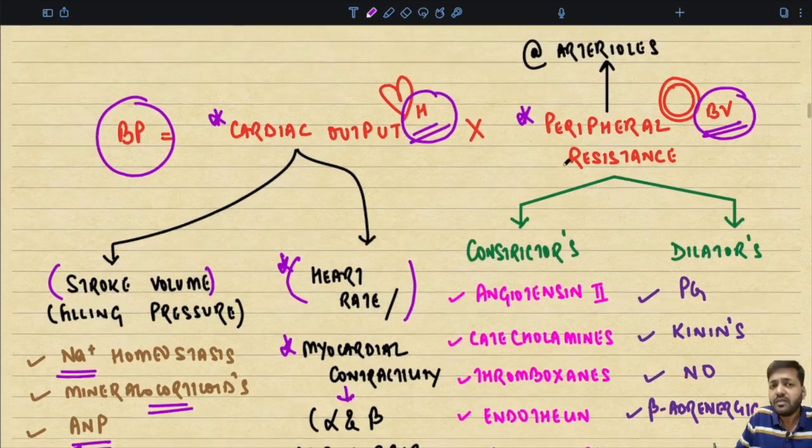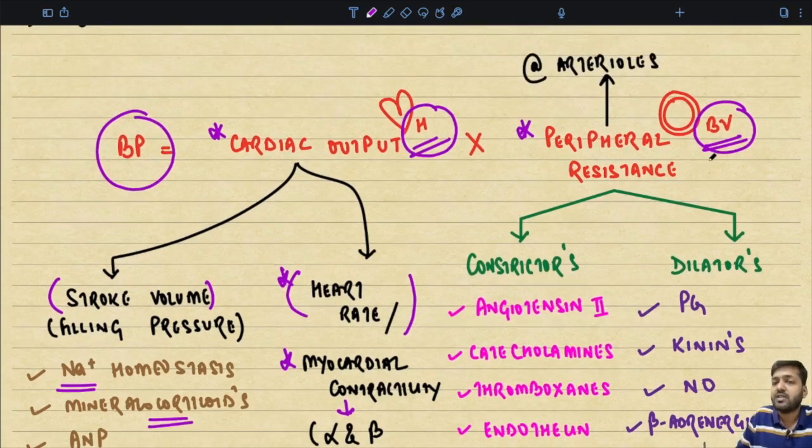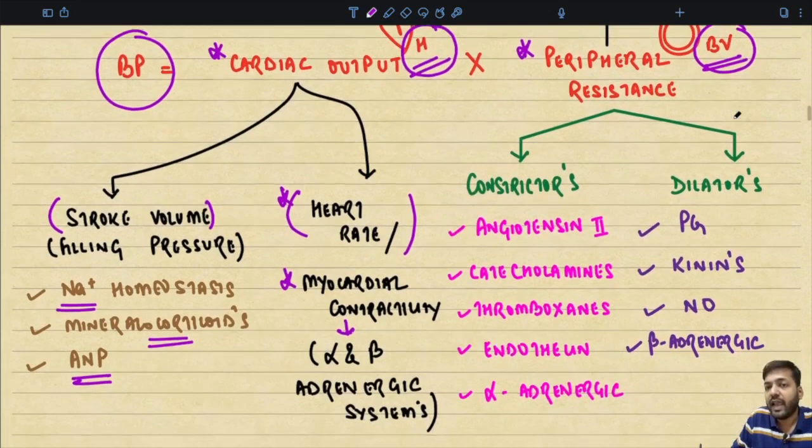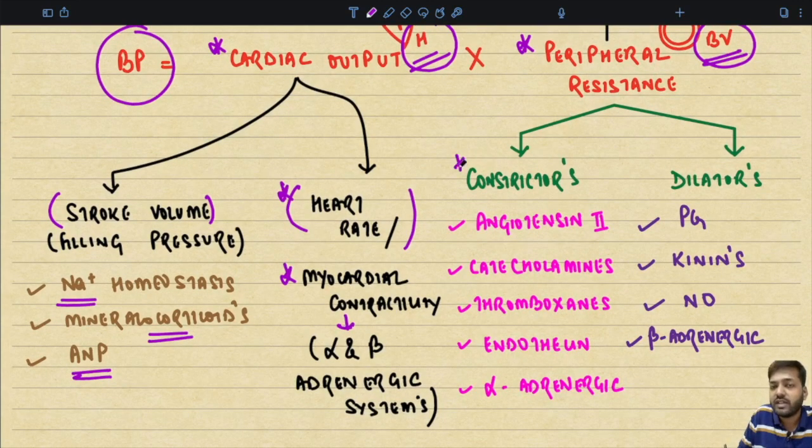Apart from that, our blood pressure is also dependent on peripheral resistance at the level of the arterioles. Peripheral resistance at the level of the arterioles is also decisive of the blood pressure in our body. So very importantly, anything that is going to constrict the blood vessels is going to raise the blood pressure, and dilators are going to bring down the blood pressure.